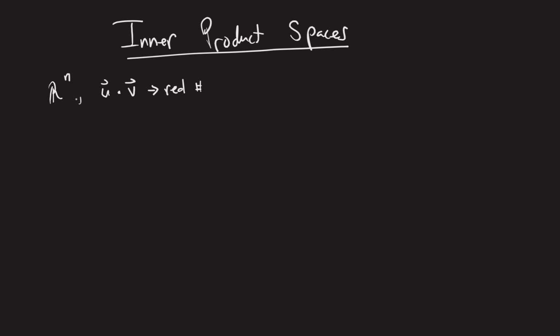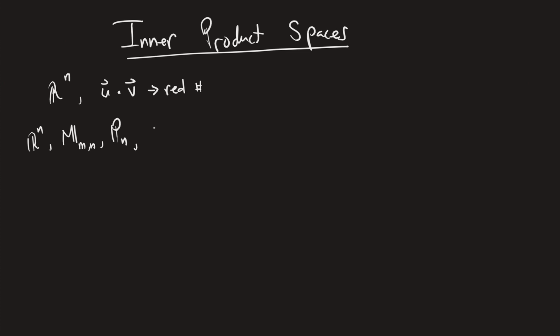Now let's think of some other types of vector spaces that we know. I'm going to throw Rn in there, because what we're going to do today can actually extend what we think of as our regular dot product, as long as certain properties are upheld. So let me put Rn, but what about the space of matrices, like M by N, or our space of polynomials of a certain degree, like Pn?